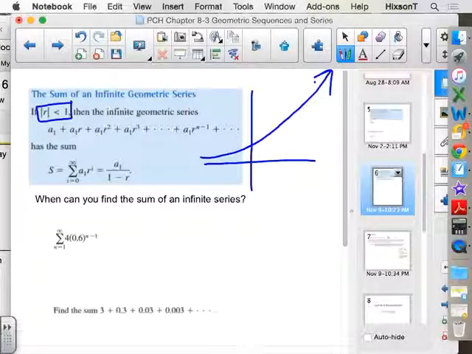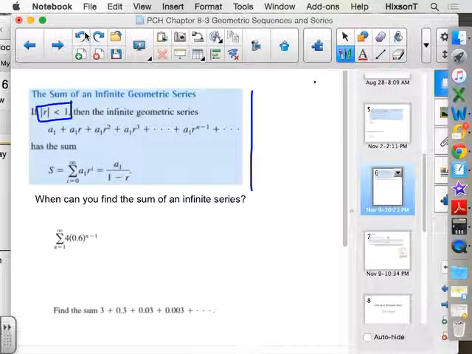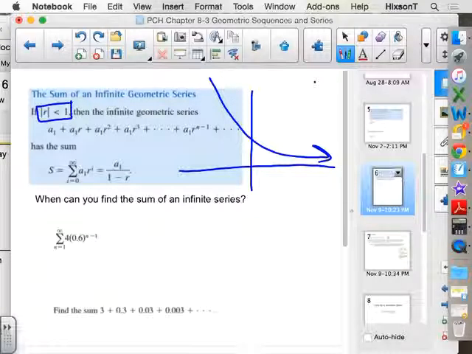It's going to go like this instead. It's not going to go up fast and level off. That's more logarithmic.